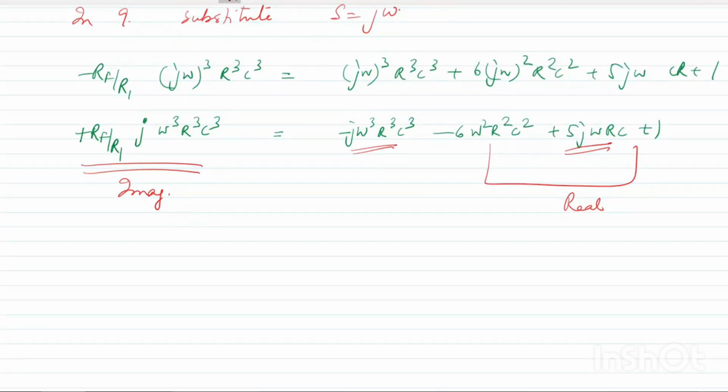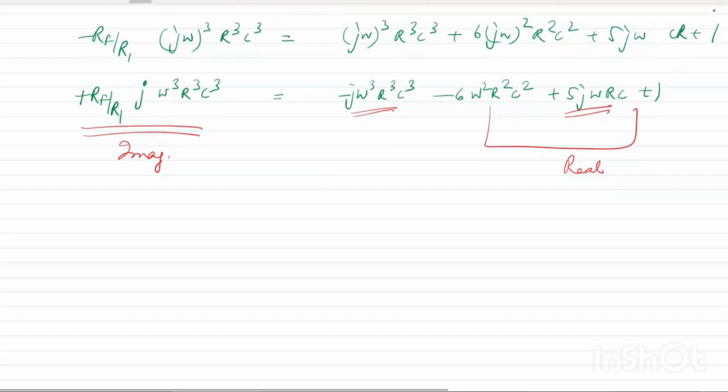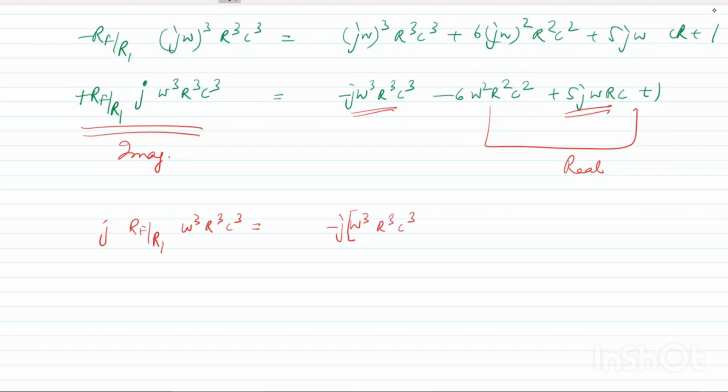So we have imaginary term. I can equate imaginary term, that is RF upon R1 omega cube R cube C cube equals to imaginary term हमको अलग करना है. J term is there. And in the right hand side, J term is minus J omega cube. J को common ले लो, minus J R cube C cube.